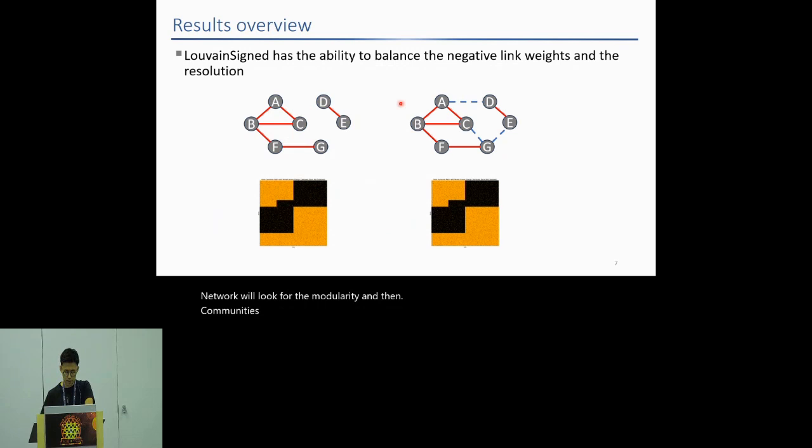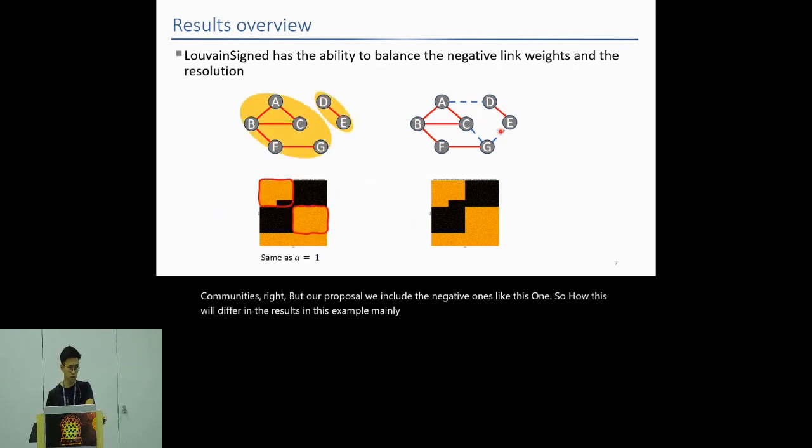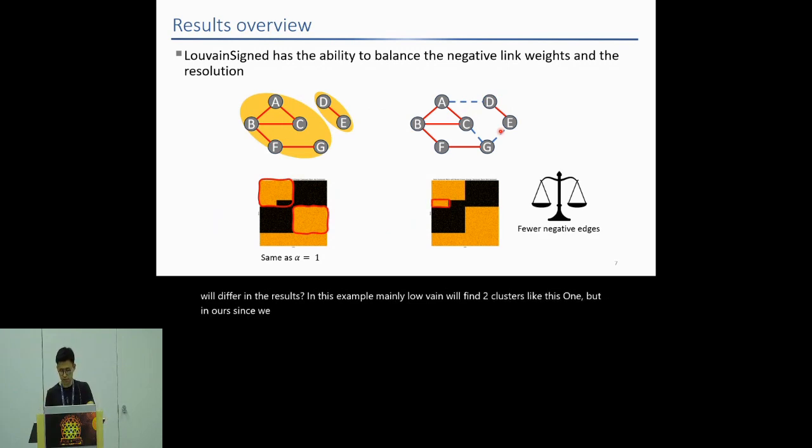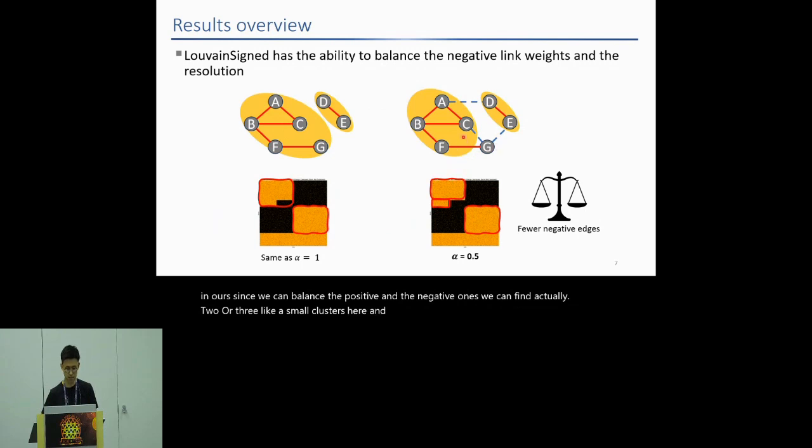But in our proposal, we include the negative ones like this one. So how will this differ in the results in this example? Mainly, Louvain will find two clusters like this one. But in ours, since we can balance the positive and the negative ones, we can find actually two or three small clusters here. And actually, if you put more weight on the negative one, this will shrink this bigger cluster into a smaller one. So why is this important?